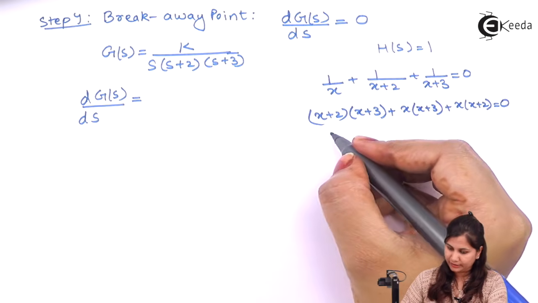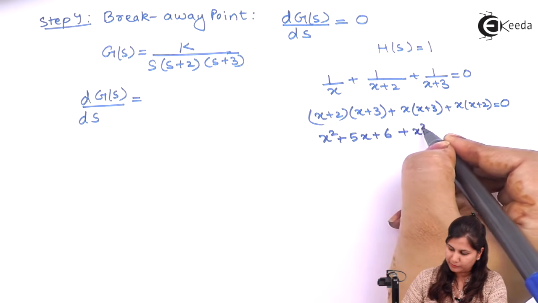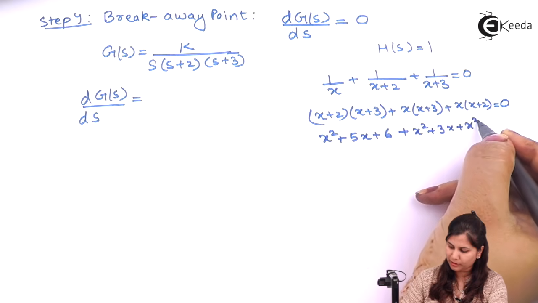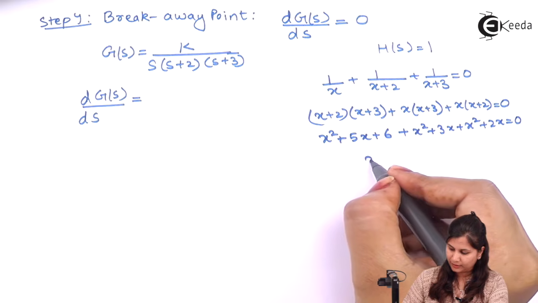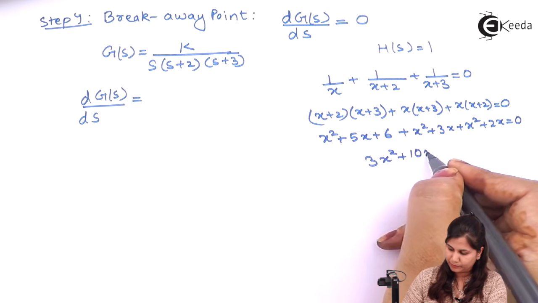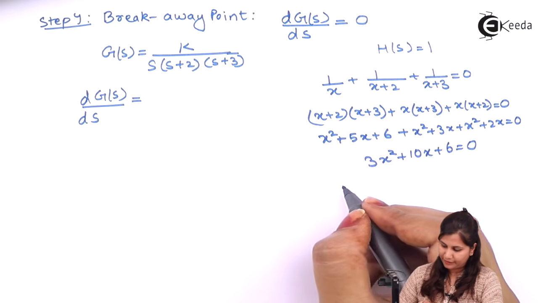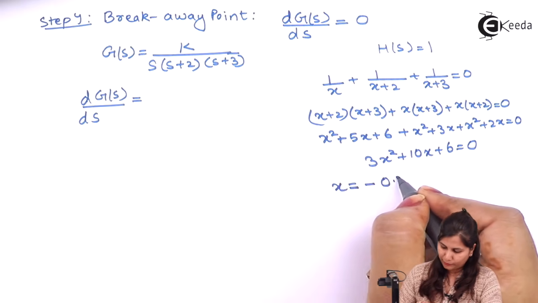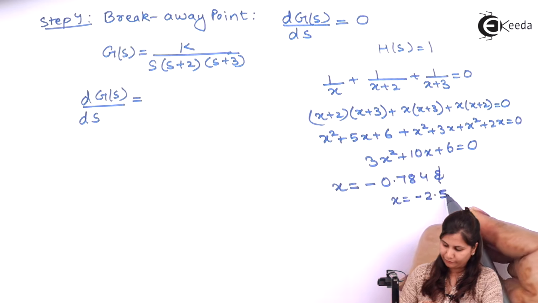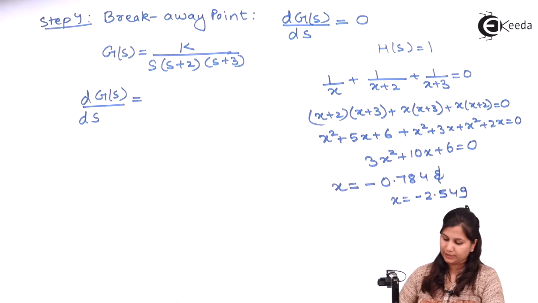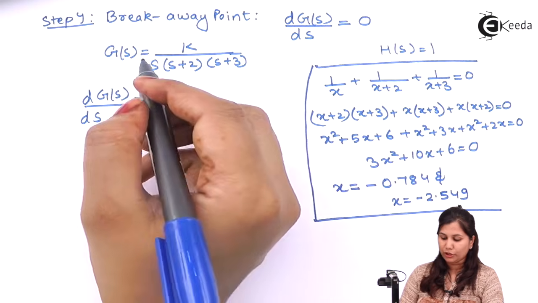Solve this. We are having x square plus 5x plus 6 plus x square plus 3x plus x square plus 2x equals to 0. So we are having 3x square plus 10x plus 6 equals to 0. If we solve this equation, we will get the value of x as minus 0.784 and x equals to minus 2.549.